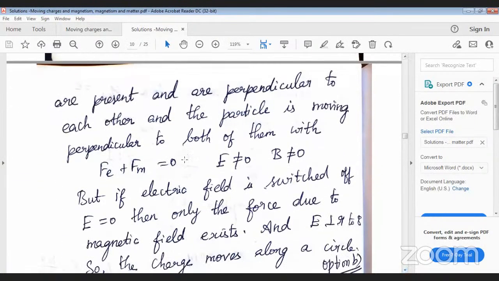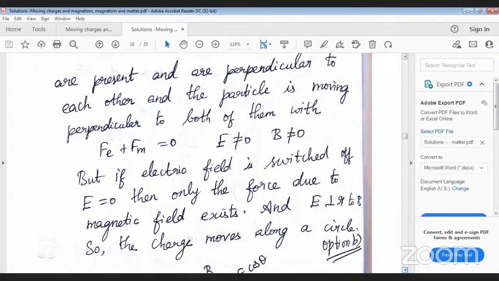As I have told you, the electron is passing undeflected in the presence of both electric and magnetic fields. So the force due to the electric field, Fe, and the force due to the magnetic field, Fm, when you add both, it will be 0. But now the electric field is switched off, so you have only the force due to the magnetic field.